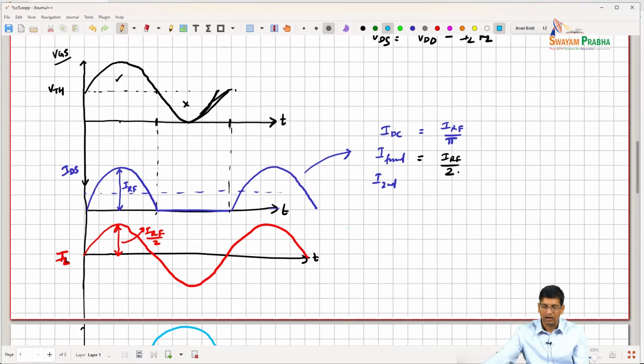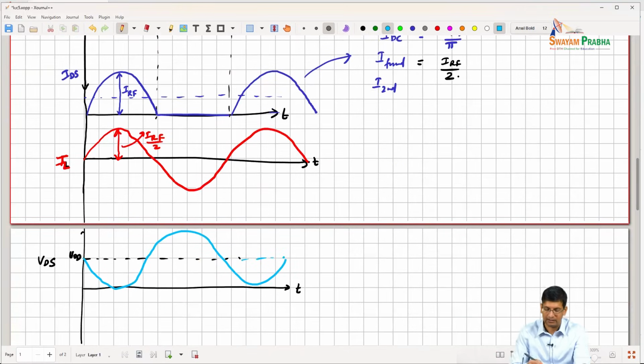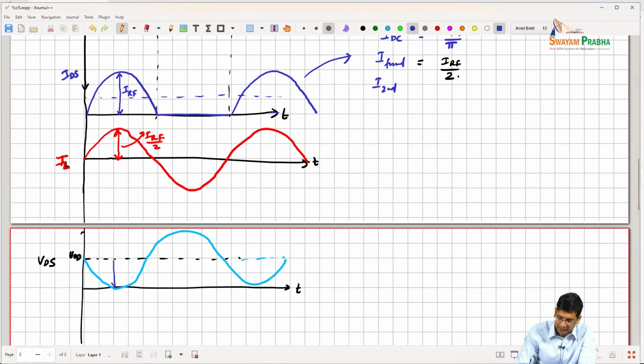So now, it is my desire that in order to extract maximum power, I swing as much as possible. So I need to make sure that this swing is VDD. This swing is going to be IRF divided by 2 times RL, and that should be equal to VDD.